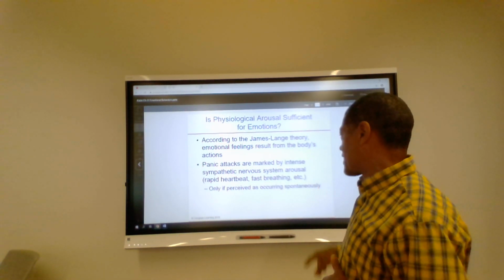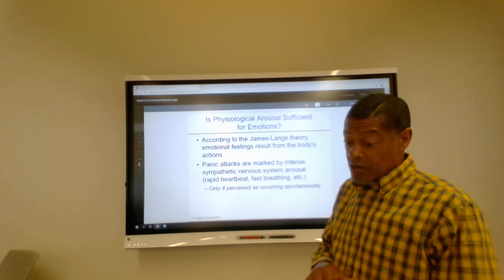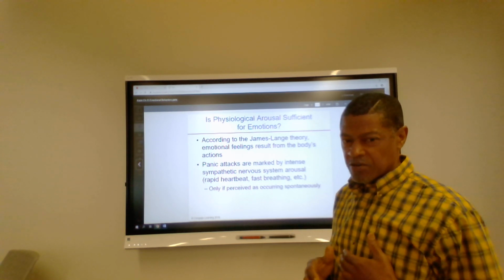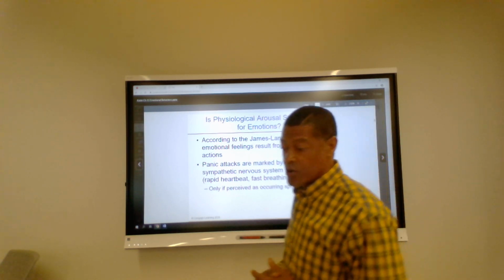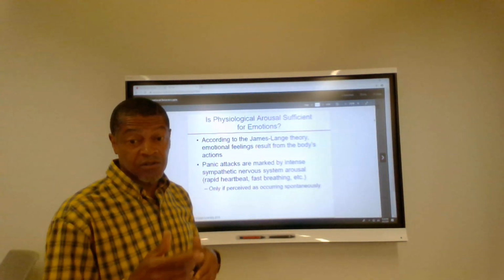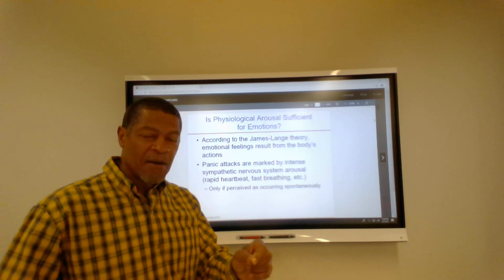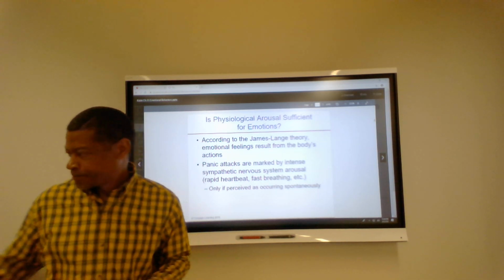The heart's beating really fast, hyperventilating. And it could be, let's say, some toxic things in your body that initiate some chemicals in your brain and make you feel like you're really having a panic attack. So that is impacting arousal and the emotion, but sometimes it's not controlled. That's why it's called a panic attack.